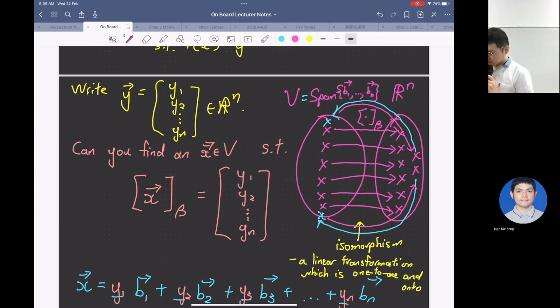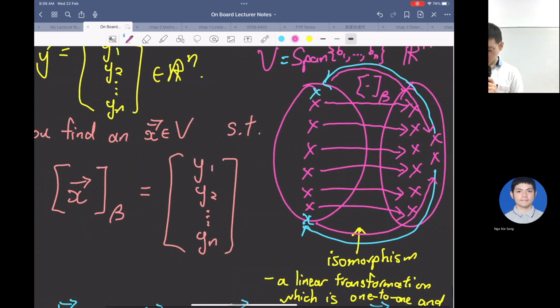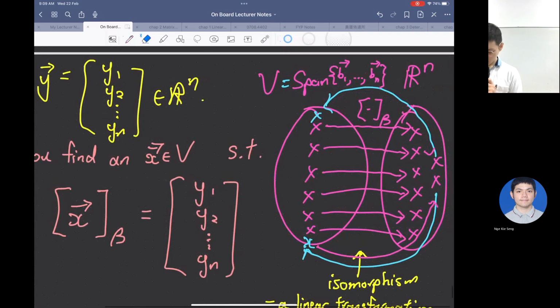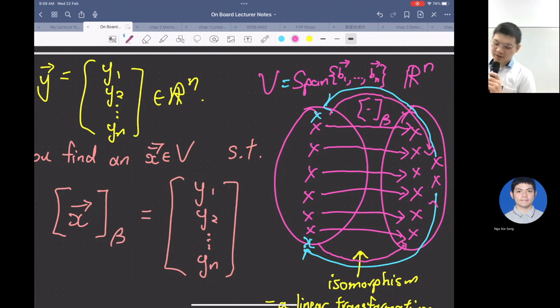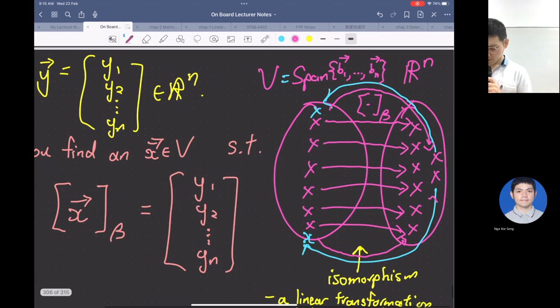Okay, so just now I drew this arrow. This is a map going from the left hand side to the right hand side. Why I drew this blue arrow is that if your map is one to one and onto, you can find an inverse map going backward.